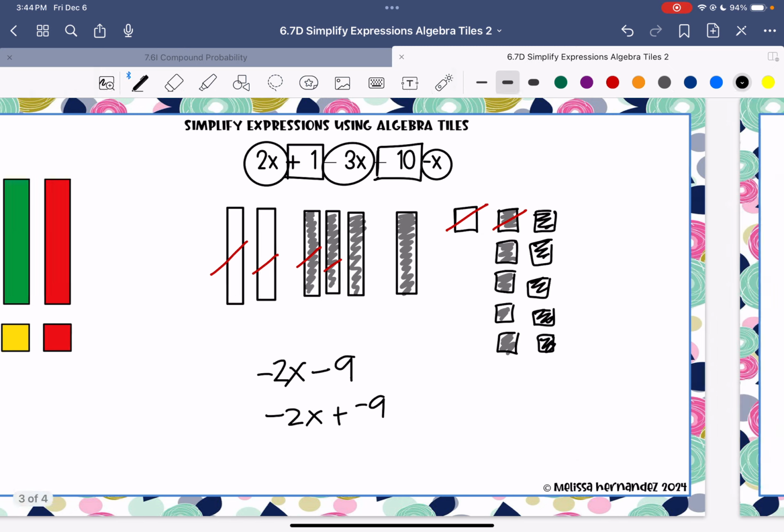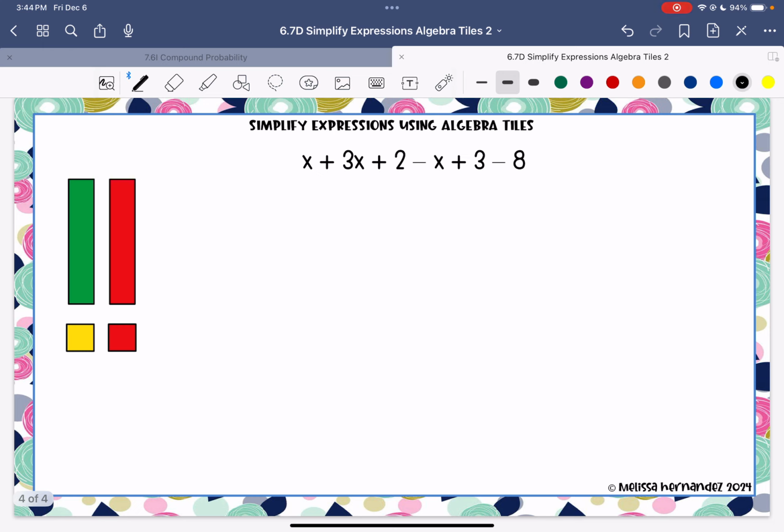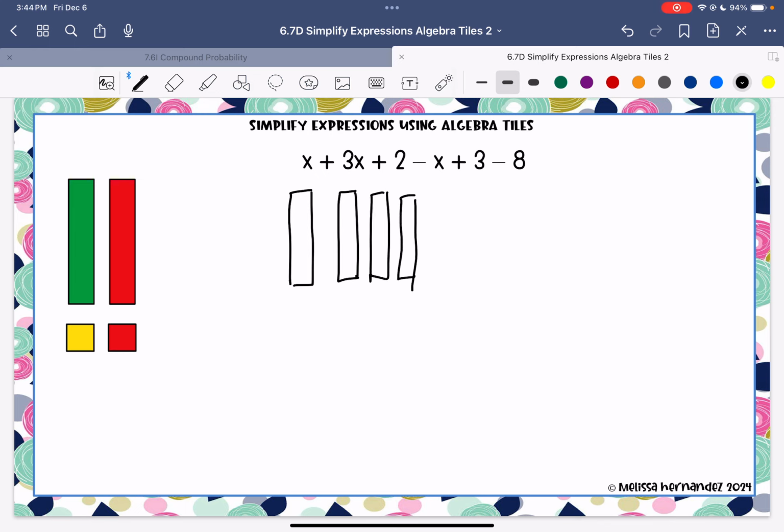Let's go to the next example. So this one is x, so that'll be a positive x, and I'll leave it open like that, not shaded. I'm going to do 3 x's here. For the positive 2, 2 small squares. Negative x.